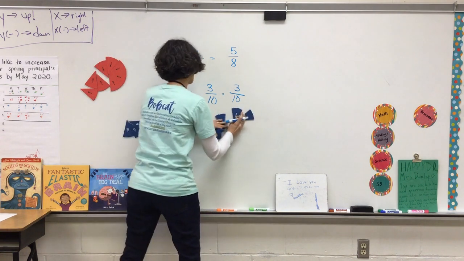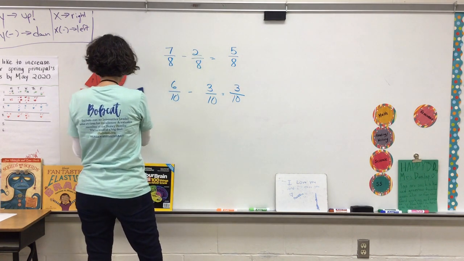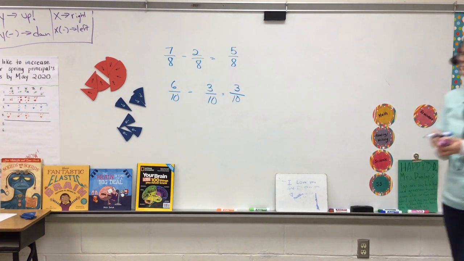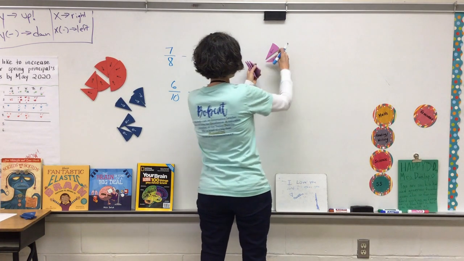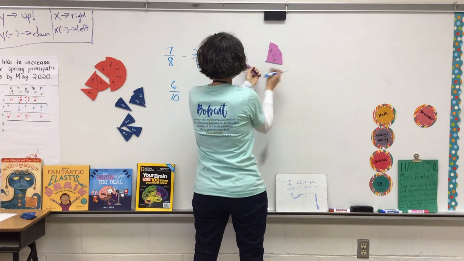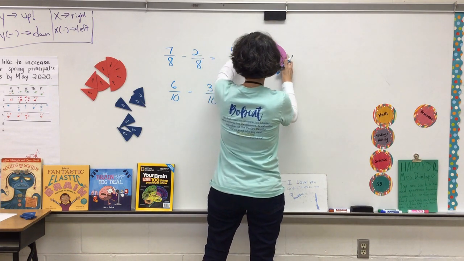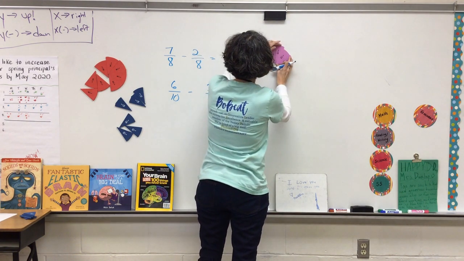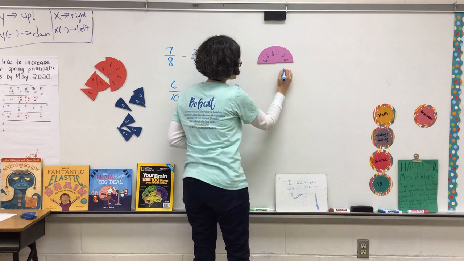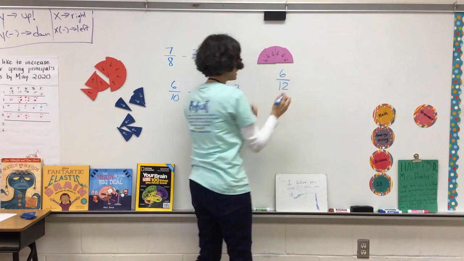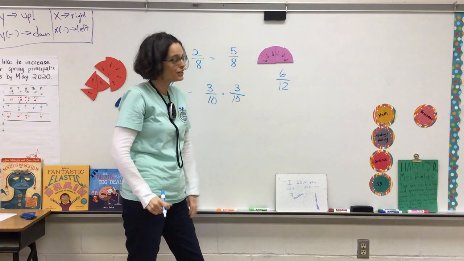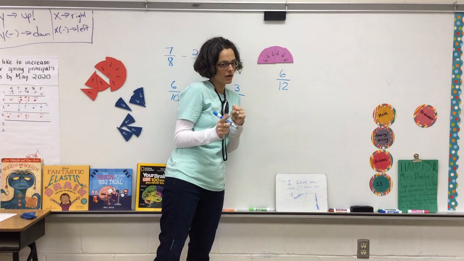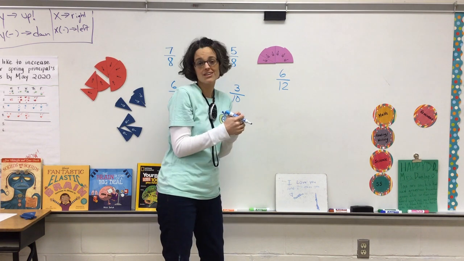All right, let's try one more. And then you're going to try some on your own. I have 6/12. Mrs. Berry would be so proud of you. Can you tell me what 6/12 is equivalent to? Did you say 1/2? Of course you did, because you're awesome.